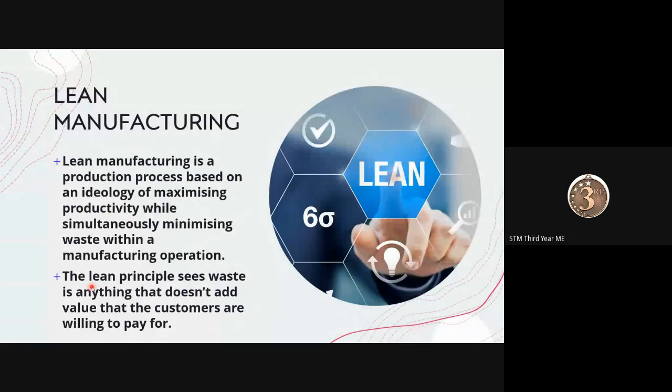Suppose you have so many raw materials, and the workpiece you make on the lathe, with the drill bit: the product has value, but the waste does not have any value. Waste is a valueless product, and the customer does not pay any value for it. So it is termed a disadvantage. We have to reduce the waste, or the waste must be nullified. That is what lean manufacturing does.